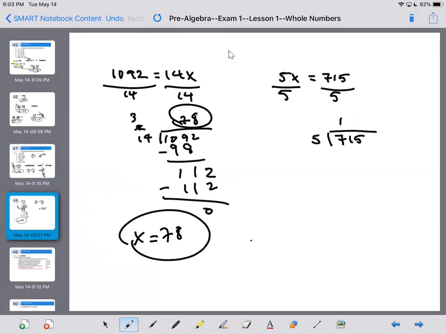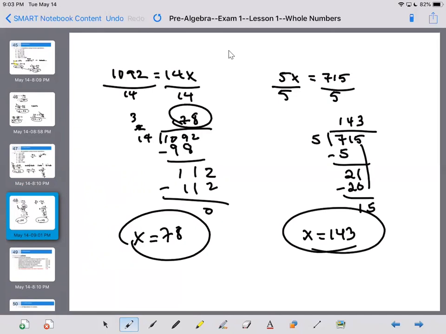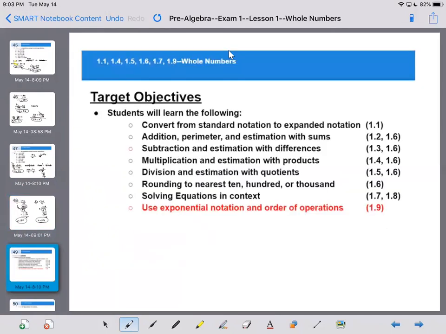So now that's got 21 tens. 5 will divide 21 tens 4 tens. So that's 20. And now bring down the 5. 5 will divide 15 3 times. So x would equal 143. So again, that was solving equations.